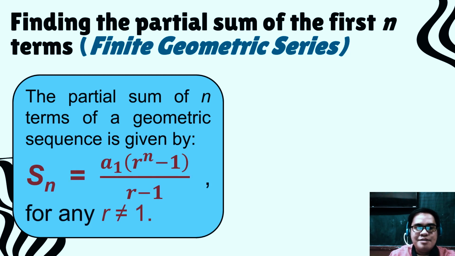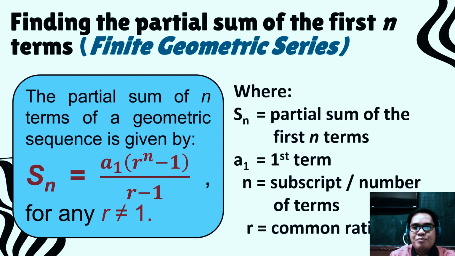S sub n is equal to a sub 1 times the quantity of r raised to n minus 1 over r minus 1 for any r not equal to 1, where S sub n is equal to the partial sum of the first n terms.